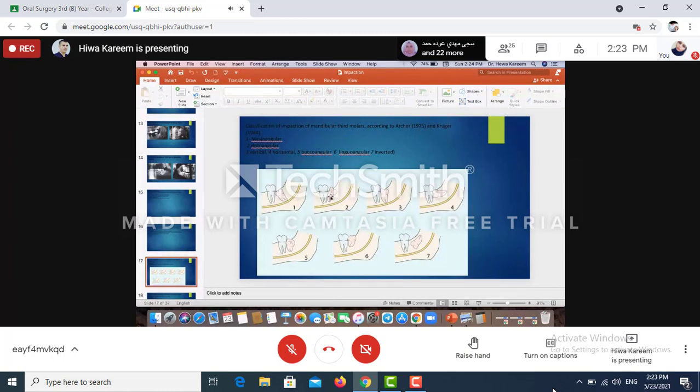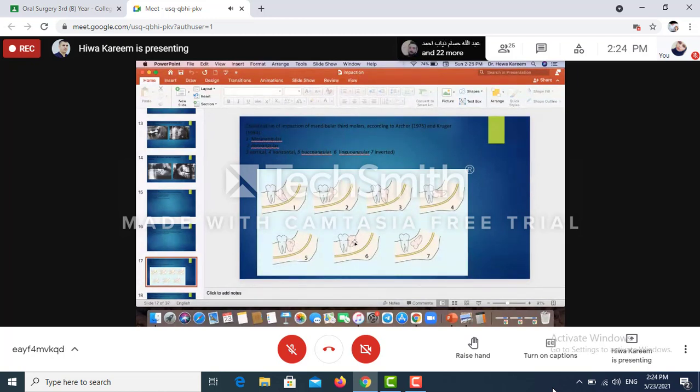Disto-angular: the third molar is tilted to the ramus, inside the ramus. This is disto-angular. And vertical, this is vertical impaction, like this. Other type, horizontal, like this. We have another type, bucco-angulation, the crown faces buccally. This is the face of the crown of the third molar, bucco-angulation.